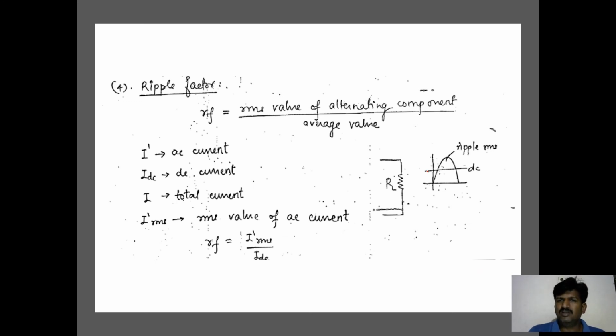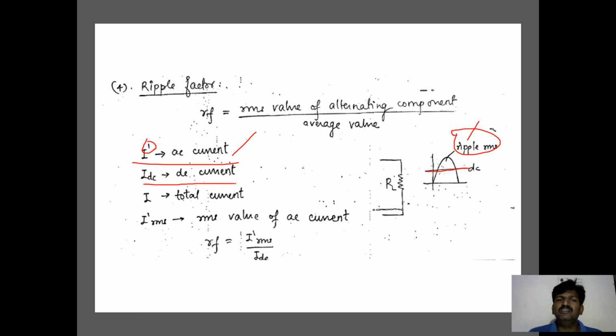The purely rectified output looks like a DC, but when an alternating component gets mixed with the converted DC, that is called ripples. Then you have to understand I dash is nothing but the AC current available in the DC component of the rectifier output. What is IDC?